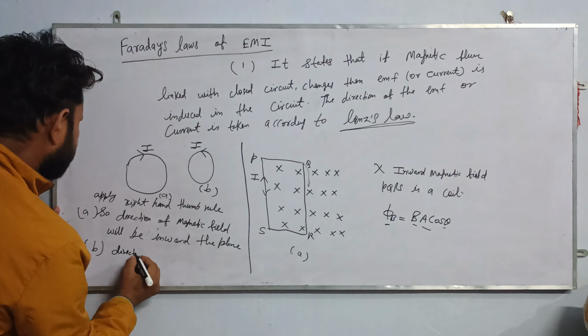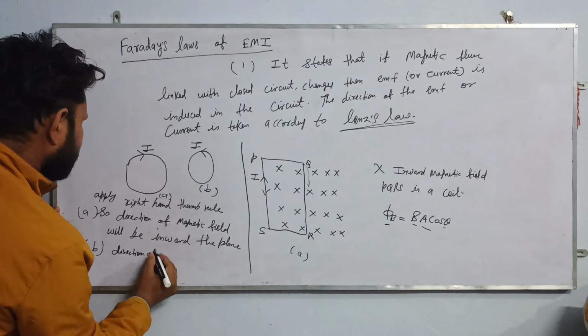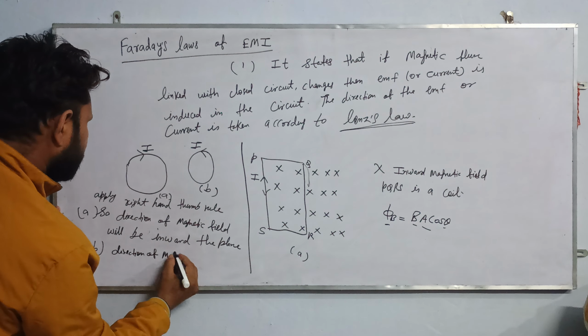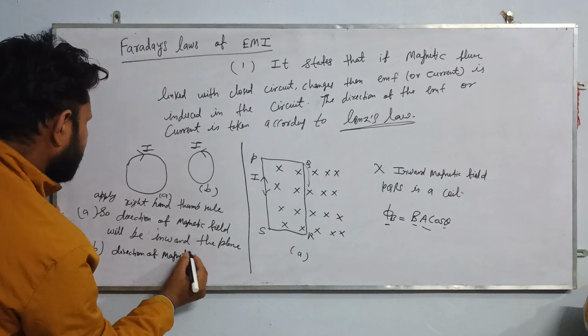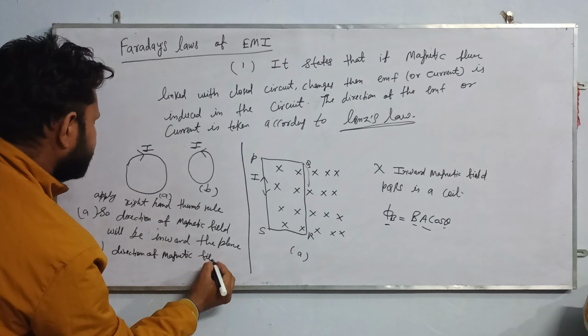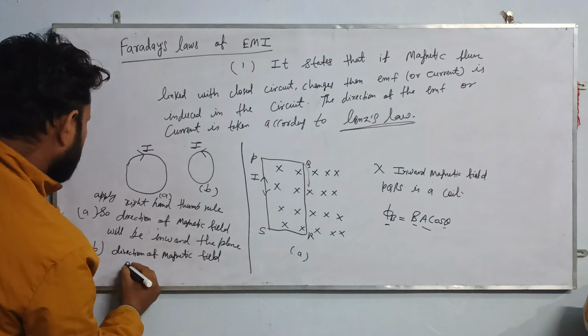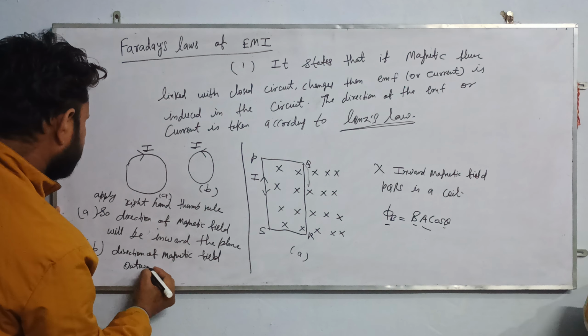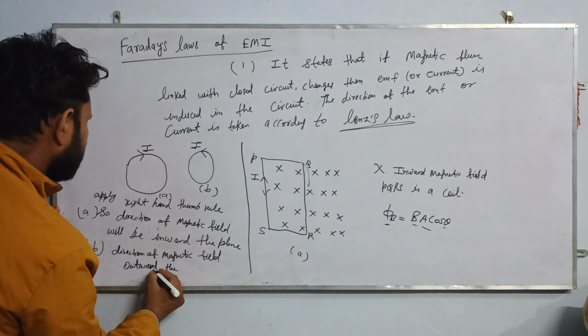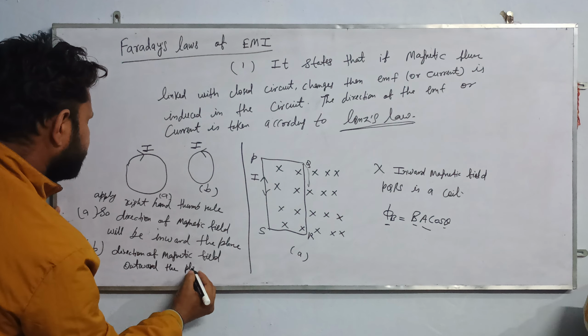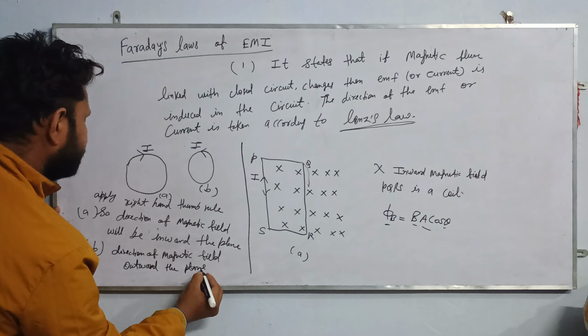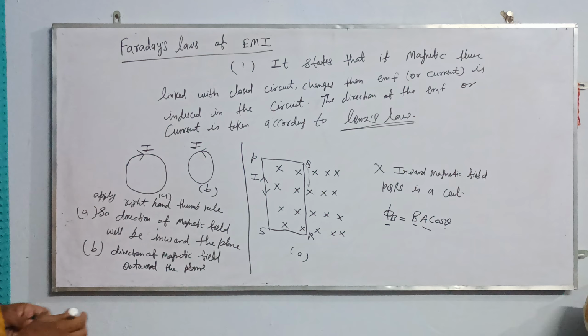The direction of the magnetic field is outward the plane, outward the plane.